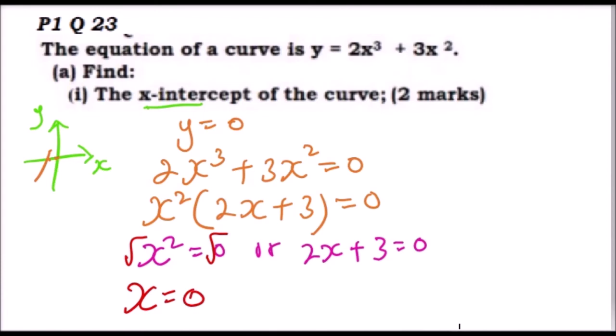So x equals 0, or taking 3 to the other side and dividing by 2, x equals minus 3 over 2. That is where the graph cuts the x-axis.